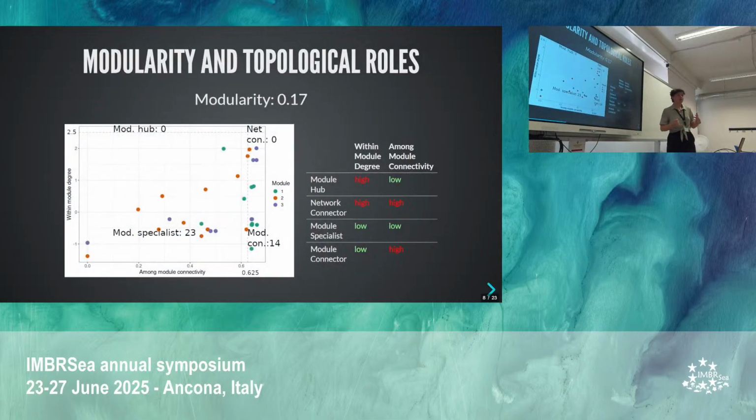Modularity is another analysis you can do with the food web, since it is assumed that a network is always organizing itself into sub-networks that have a higher connectance and more interactions within the subgroups than between the subgroups. And the modularity for the plankton food web is 0.17.